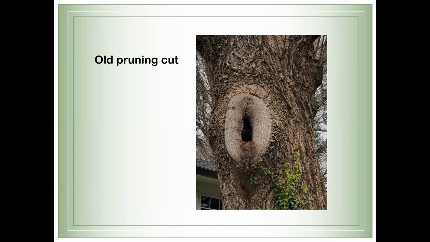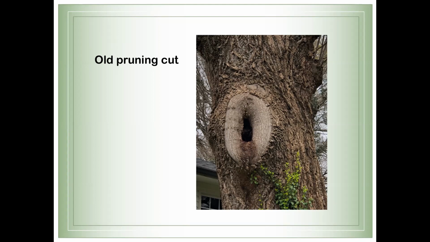Now, this one here is a wet hole, meaning there's water that collects in there when it rains. Don't worry about the water collecting inside of a cavity. In the old days, we used to get concerned about standing water in cavities, and we used to put in drain pipes. And the scientists told us, stop doing that. You're not doing the tree any good. You're wounding the tree.